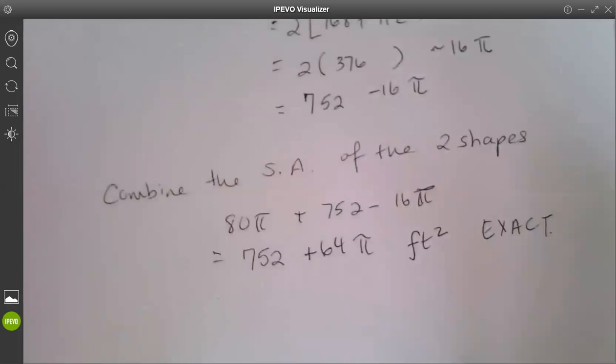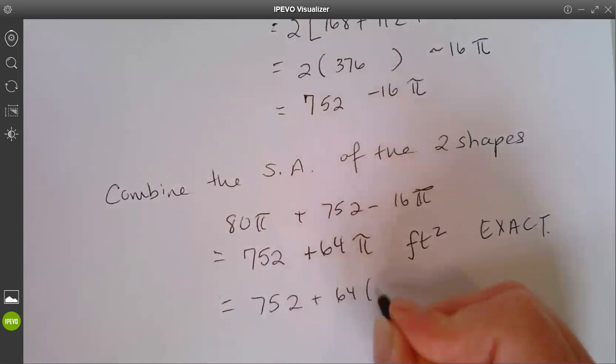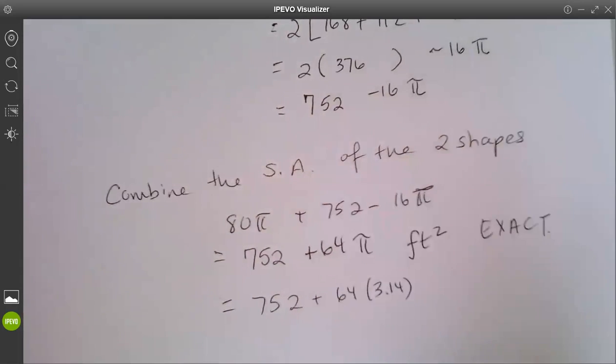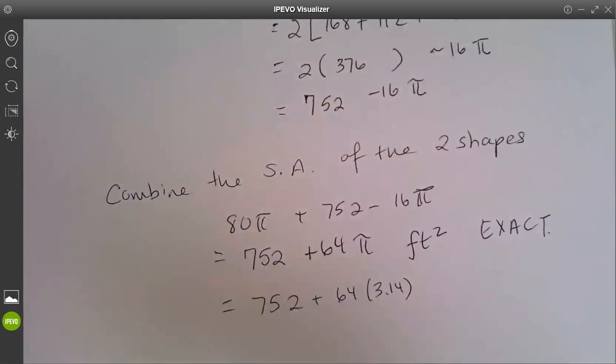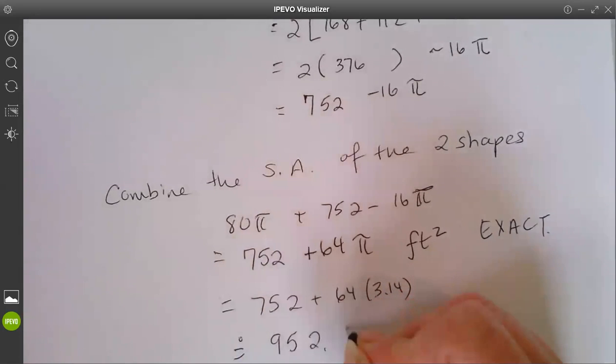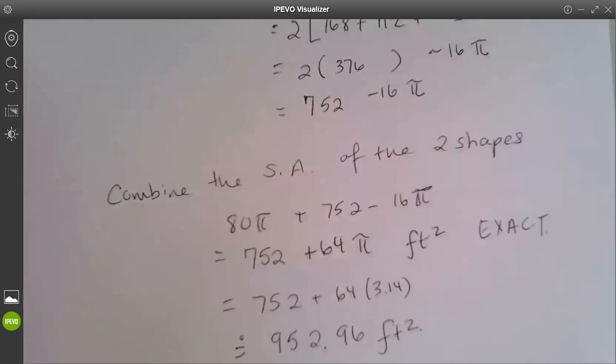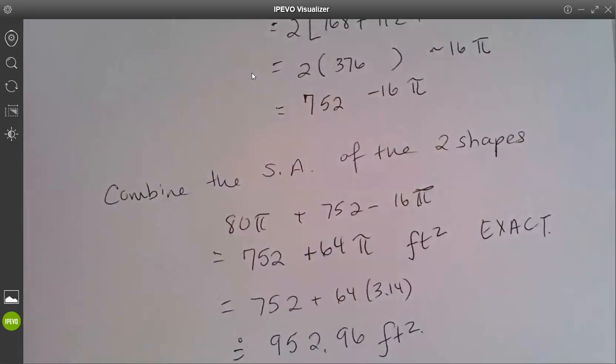And what we can do from here is replace the pi with 3.14 and multiply that by 64 and add back in the 752. And so an approximate answer is 952.96 square feet. Okay, lots of work to do. Take your time, think it through.